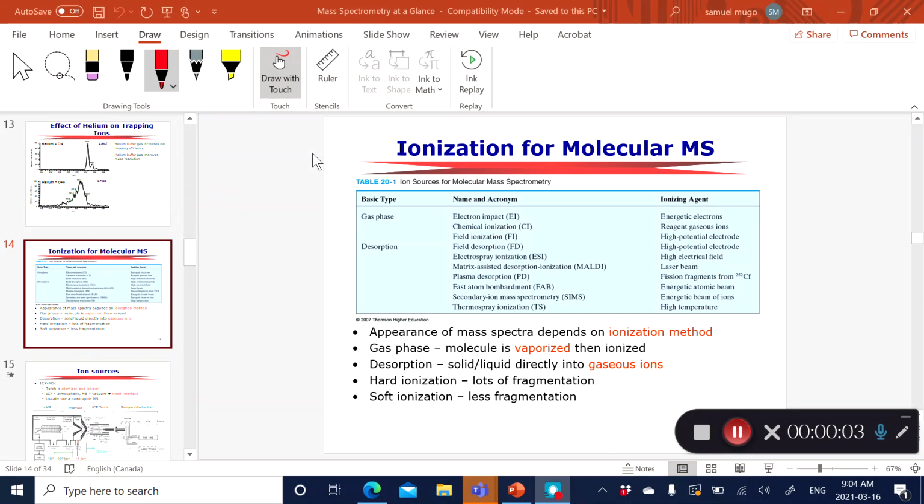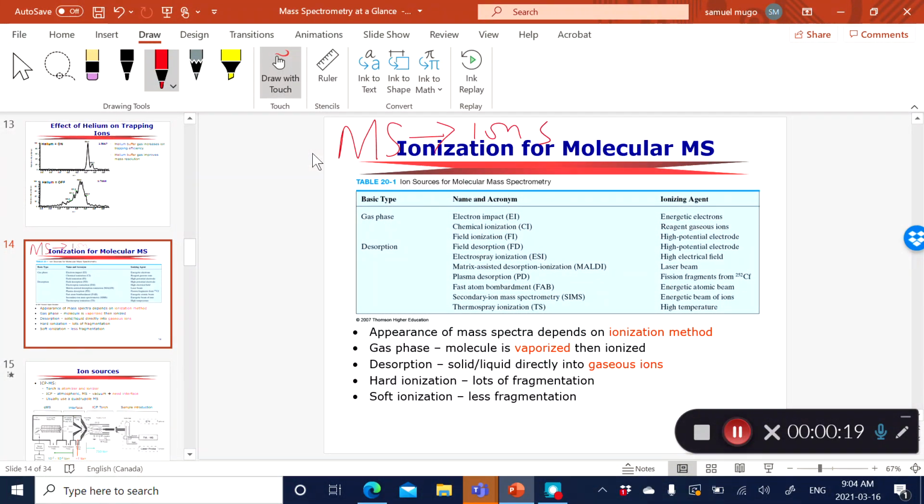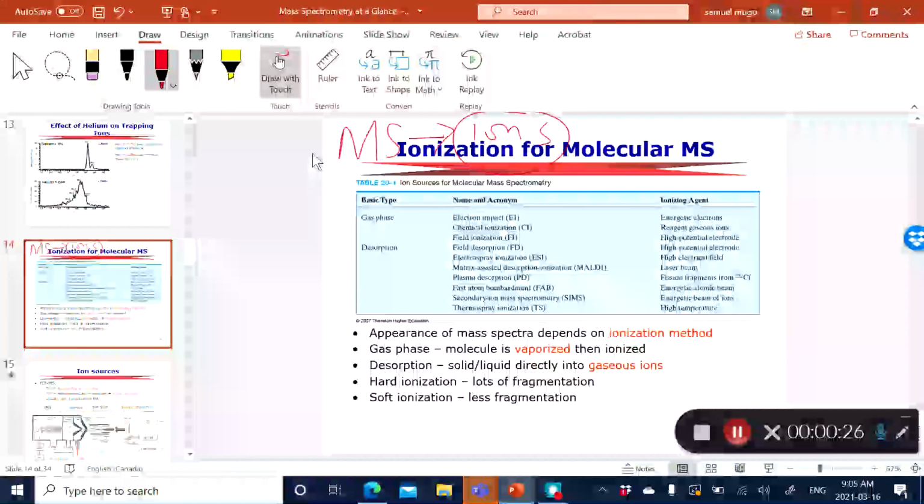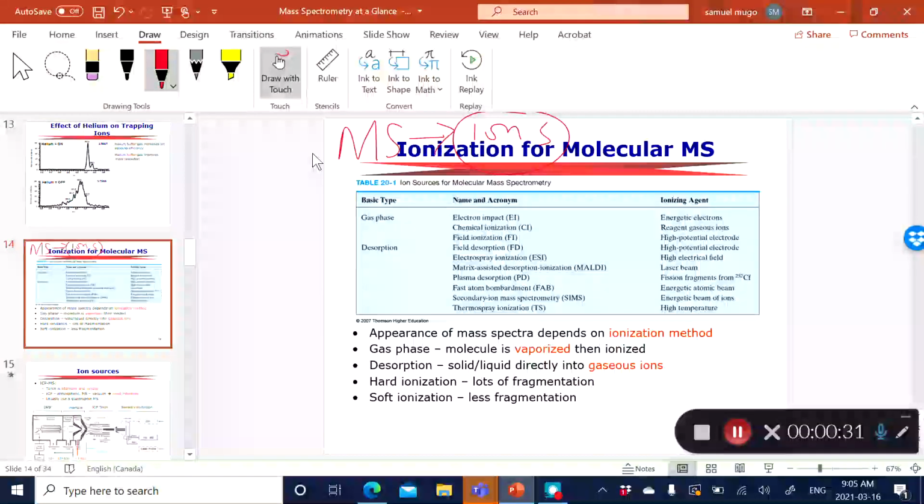In the last lecture, we indicated that the ionization chamber is the other very important component of a mass spectrometer, because, like we said, mass spec can only analyze ions. So it's completely essential for you to have an ionization platform as a component of the mass spectrometer.